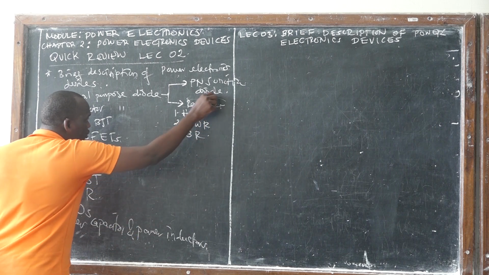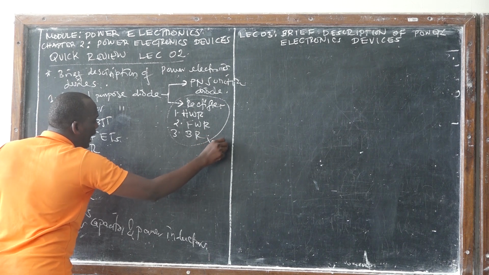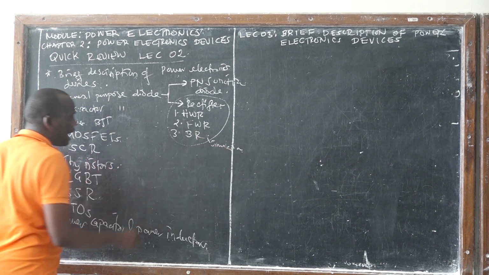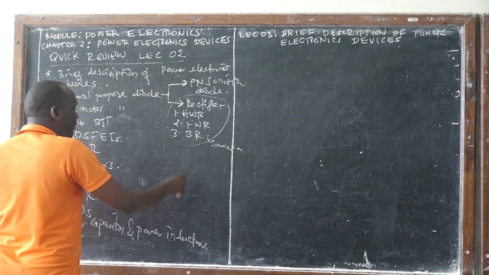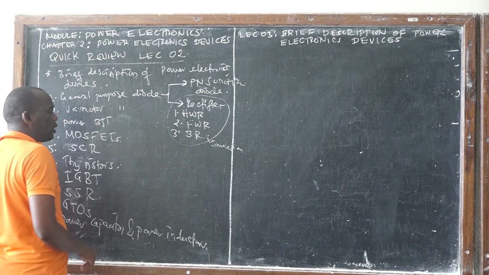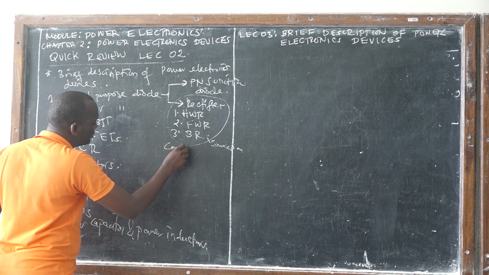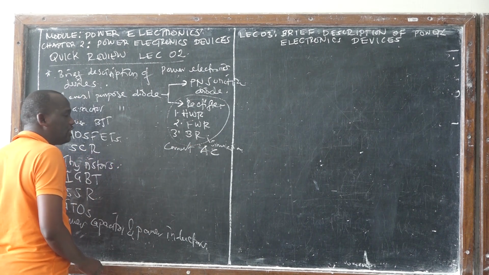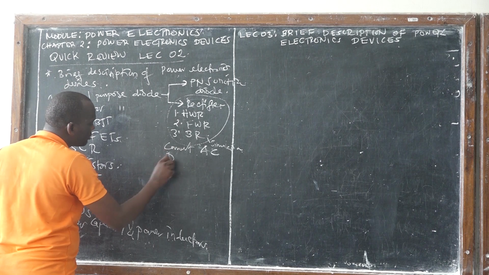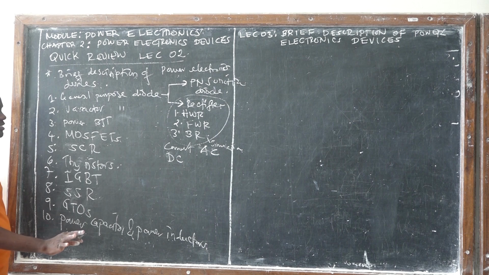We discussed this concept, and also in the simulation, and we are heading to the hardware implementation. We use rectifiers in power electronics to convert AC, or alternating current power, into DC. That's what we have discussed.